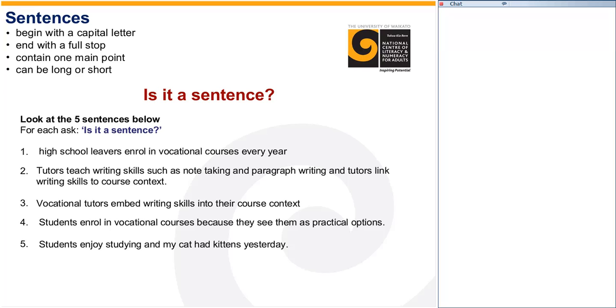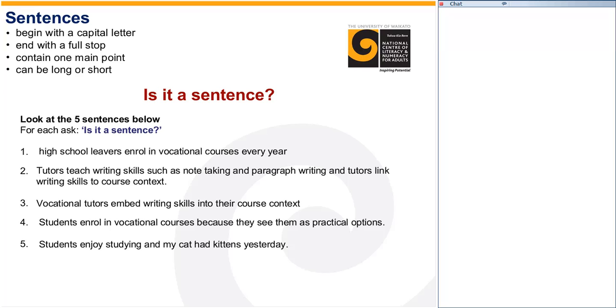We go back up to the checklist and discover that it looks like a sentence, but it's not a sentence because it doesn't have a capital letter and doesn't have a full stop. Next sentence, it is a sentence, though not a great one. There's a few things to correct, but it does have all of those things in the checklist.